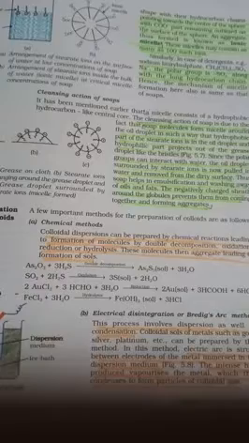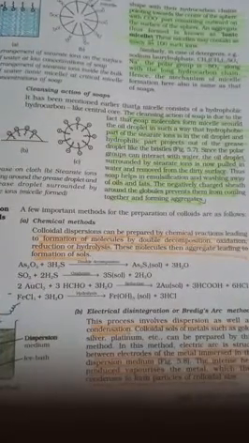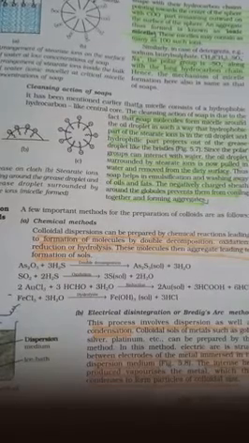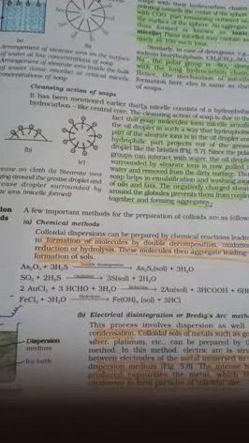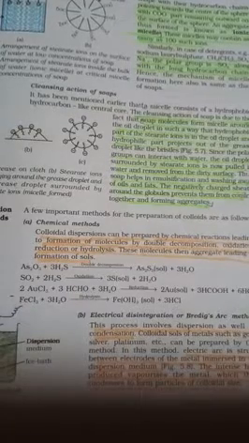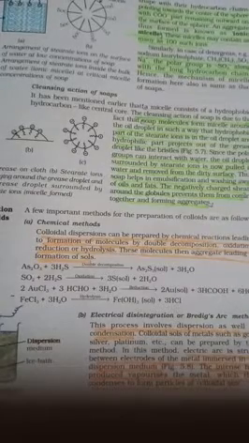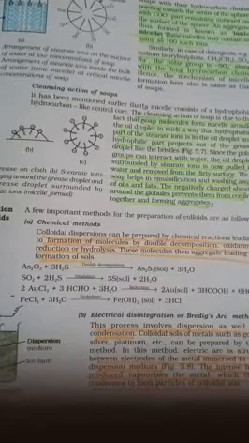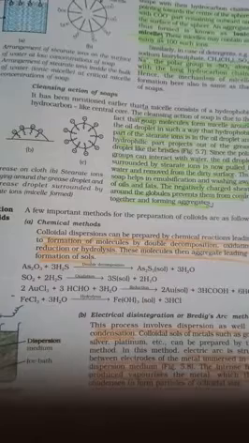One common example of a detergent is sodium lauryl sulfate, CH3 (CH2) 11 SO4 minus Na plus. It has the polar group, that is the sulfate ion, along with the long hydrocarbon chain. Hence, here also the mechanism of micelle formation is the same as that of soap.